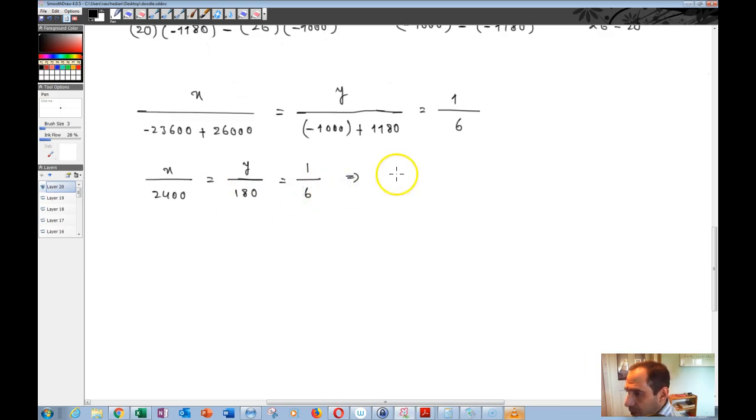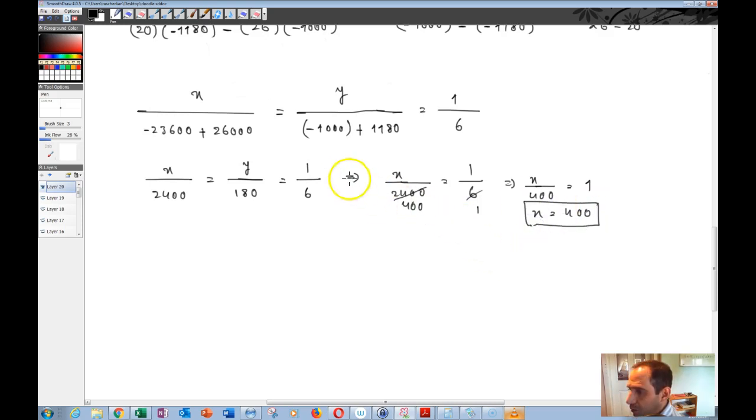So what that means is that x over 2400 is equal to 1 over 6, and dividing by 6, you get 400. So x divided by 400 is equal to 1, and x is equal to 400.